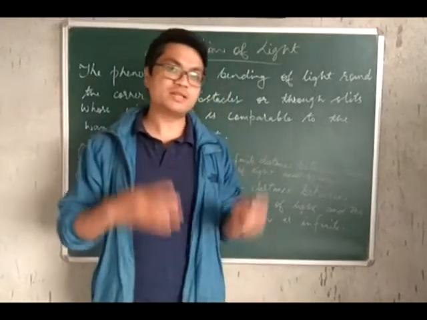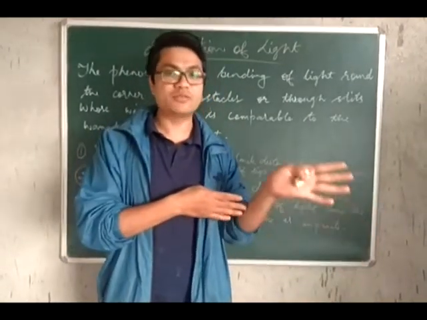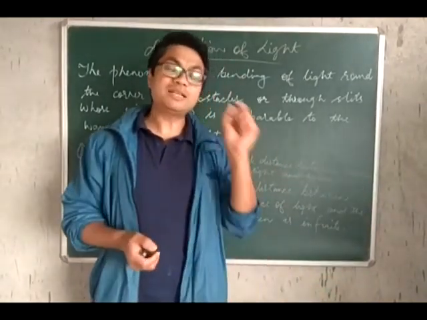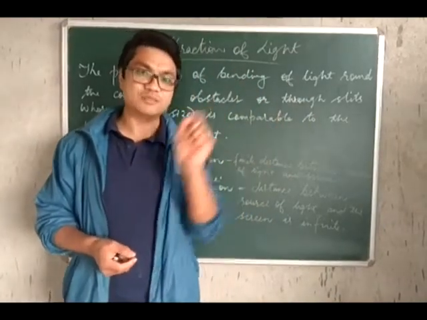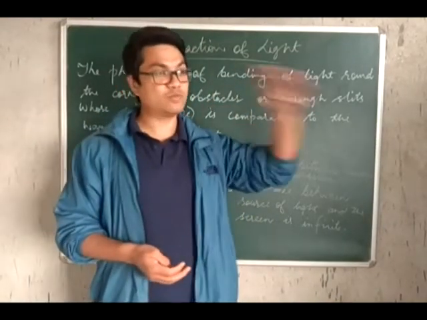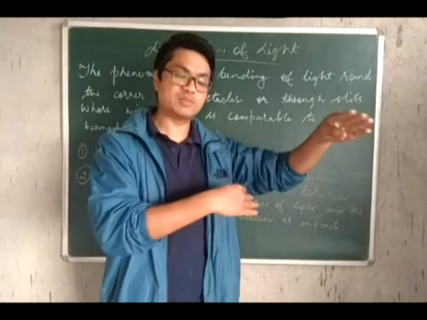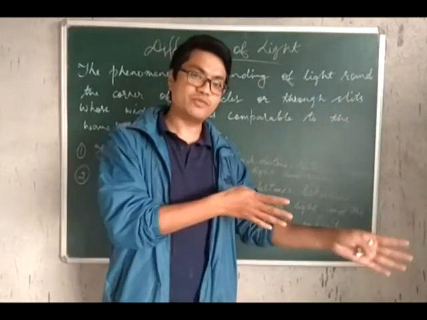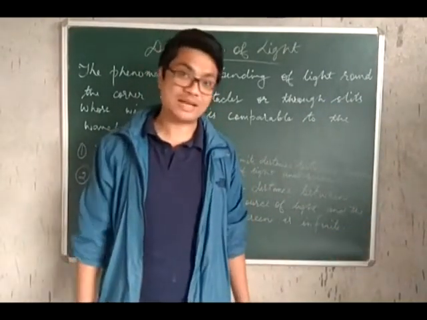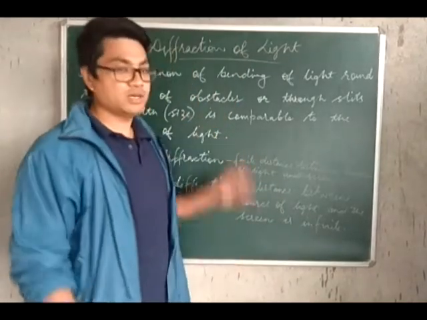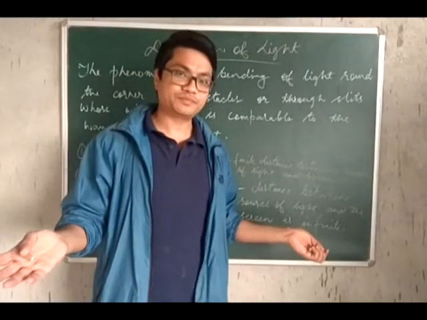In refraction of light, light bends. But when light travels from one transparent medium to another transparent medium, then the phenomenon of bending of light is what is called refraction. But here, diffraction is in the same medium, remember.